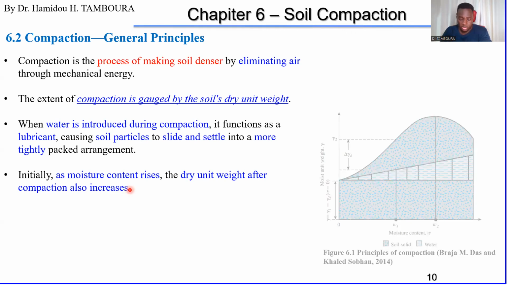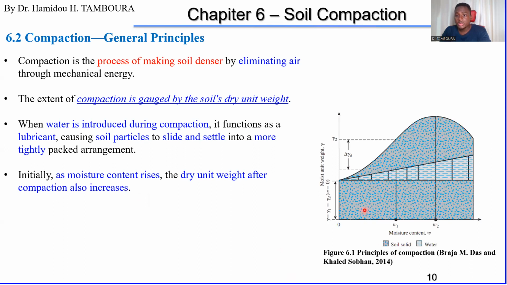Okay, this is what this figure is showing here. At the beginning, this is unit weight. So unit weight is gamma 1, is gamma D when water content is 0. So we are here. And when we add water, we will go like this.